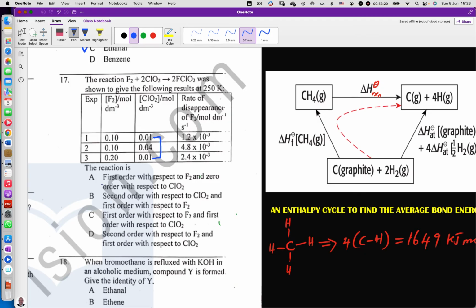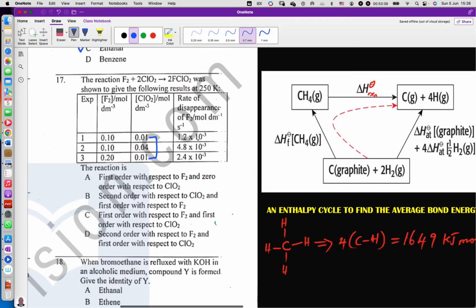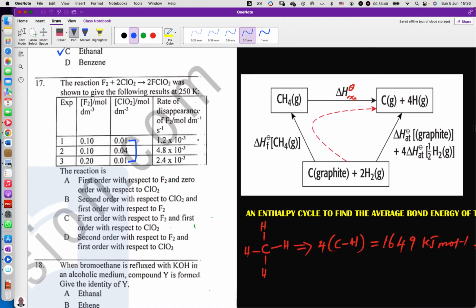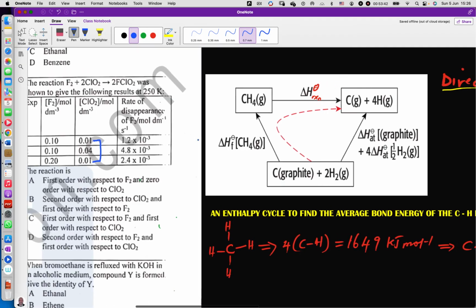So we will be dealing with 0.20 divided by 0.10. 0.20 divided by 0.10 equals to what? 2.4 times 10 to the minus 3 divided by 1.2. This is how we can do the calculation with respect to fluorine.